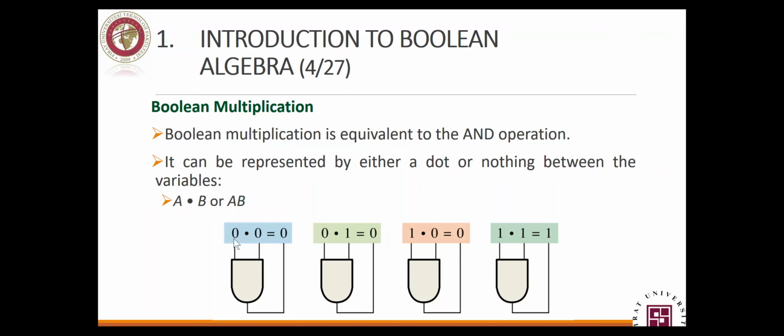Let's see the outcome. How is it represented? You can directly say A, B, or A and B, or you can place a dot, which is a bit thick and big like this. It's up to you, suit yourself. I personally use the representation A B directly, without placing any dot, unless it is necessary.